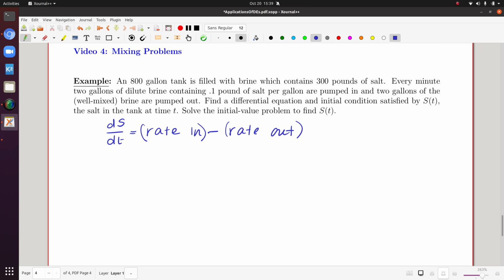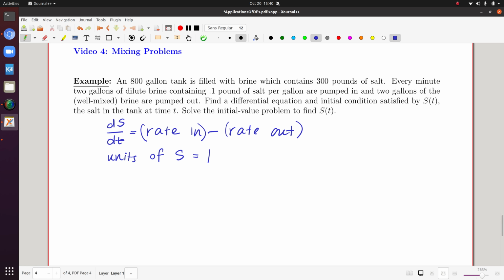The other thing that is really important in these examples is to be cognizant of the units. So there certainly is a rate being described in here. We're told of salt per gallon in some sense. So what I want to think about is that the units of S, we're told S is measured in pounds.